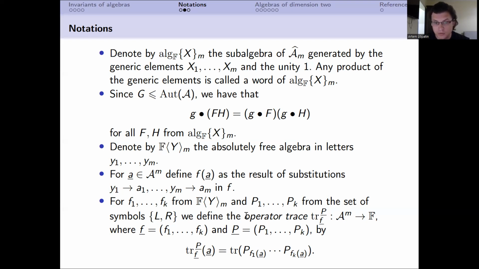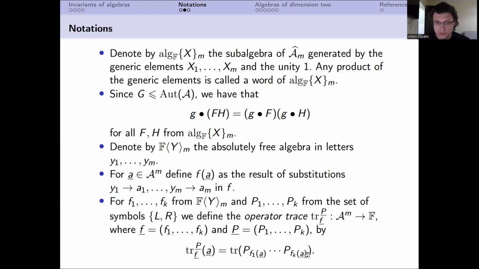And then we finally can define what is operator trace. Operator trace is a polynomial function from A^m to F. So it has two indices. It depends on the ordered sequence of these elements from the set {L, R}, and it also depends on f_1, f_2, ..., f_k. So it depends on f and p.